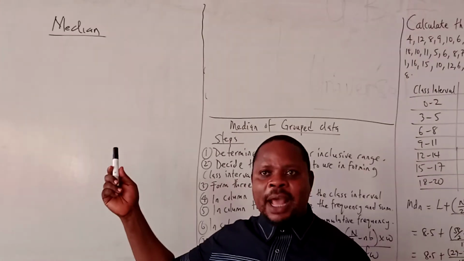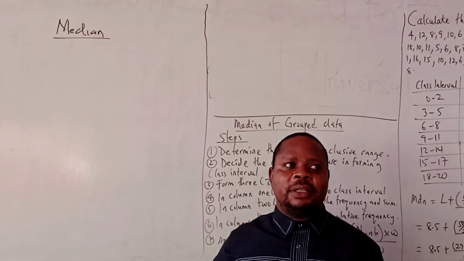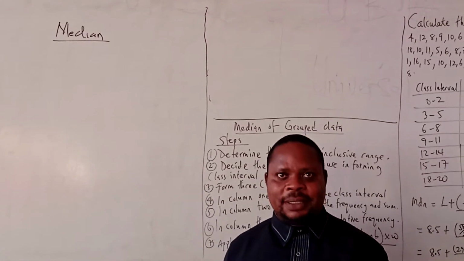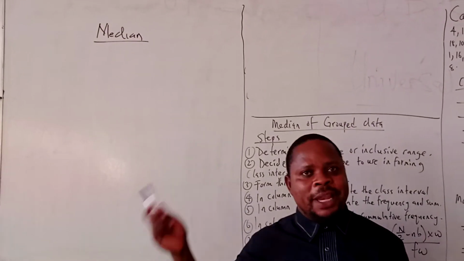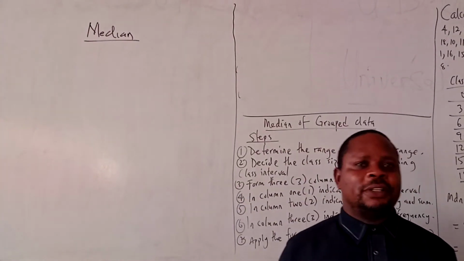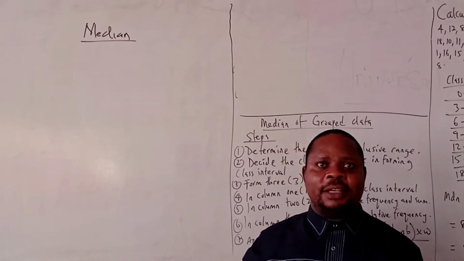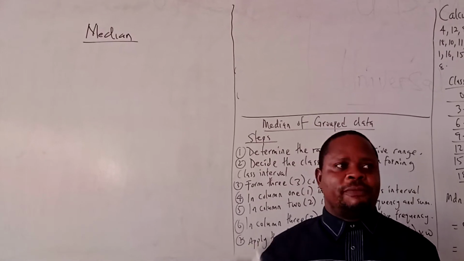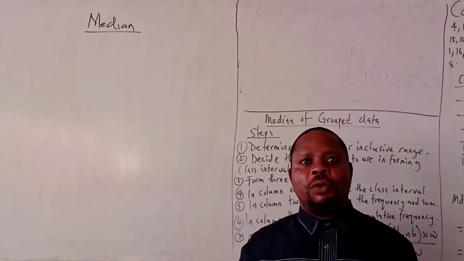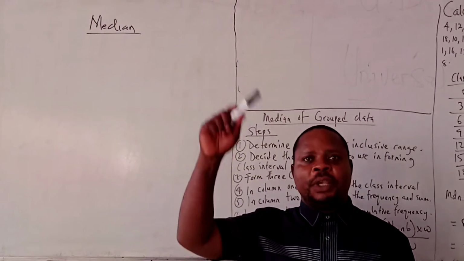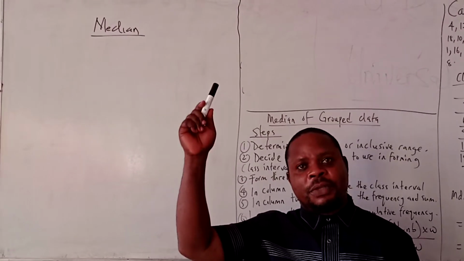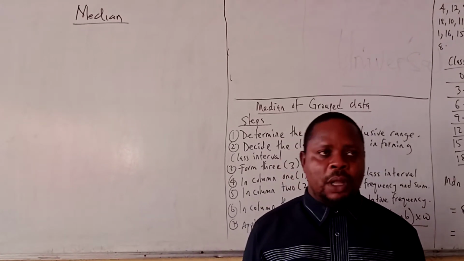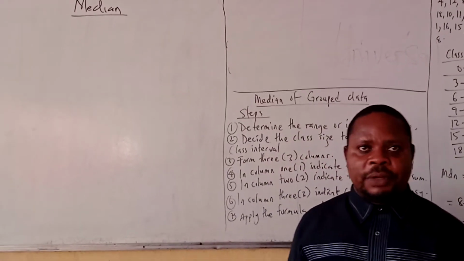Now, median is a point that divides the data into two equal parts. Let me take it again. Median is a point that divides the data into two equal parts. It can also be defined as a score above which lies half of the data and below which lies half of the data.